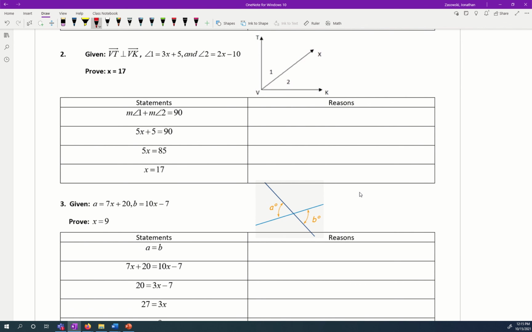All right. Now, when you're doing a proof, you're going to really want to pay attention to the givens to get you started. So is there anything in the given that stands out as important? Any vocab or anything here you see? Devante? How do you know they make a right angle?